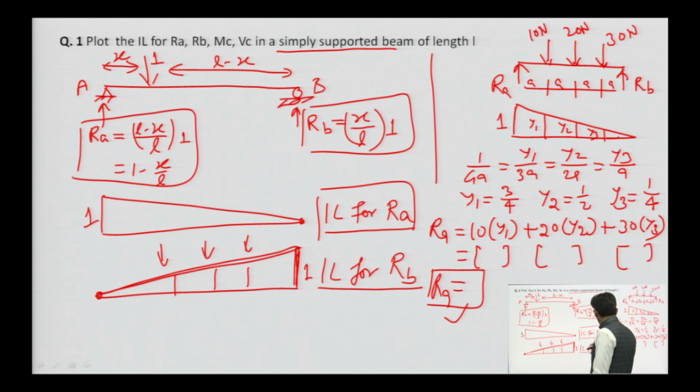We will multiply the load with the corresponding ordinate to get the value of RB here. And if we have a point load also, if I have a point load also from A to B, then what will we do?